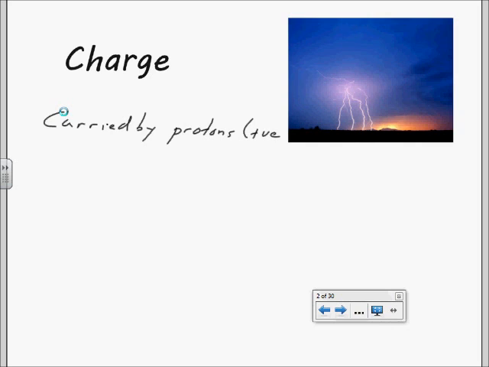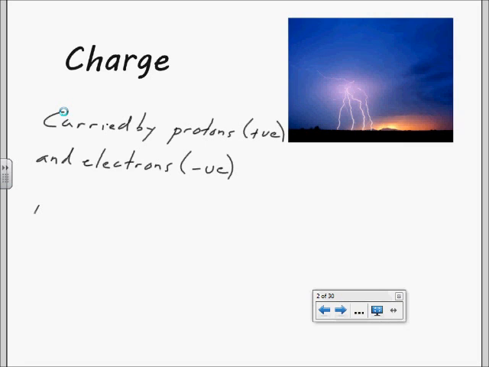That's going to be positive charge, and electrons, and that's going to be negative charge. So minus ve for negative for short, plus ve short for positive there.